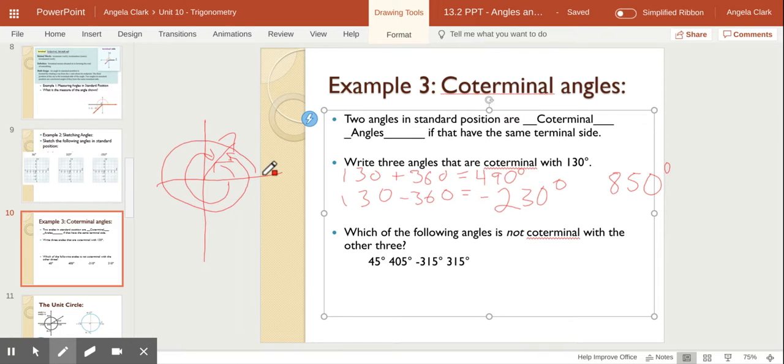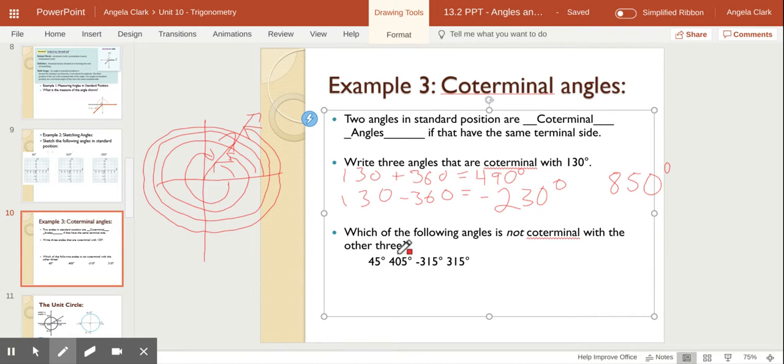So 850 would be if I went around the circle again and then stopped at my terminal side. Same terminal side, which I'm going to elongate. Same terminal side, I'm just defining it differently. That's all coterminal angles are.